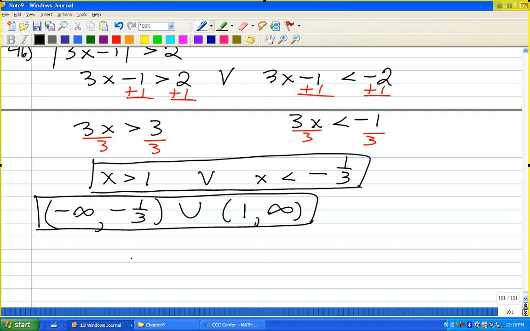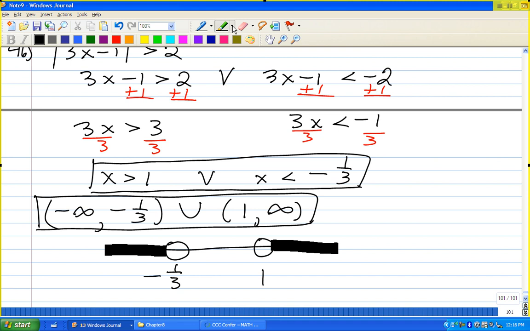And so I have negative 1/3, 1. So I have these two open intervals.